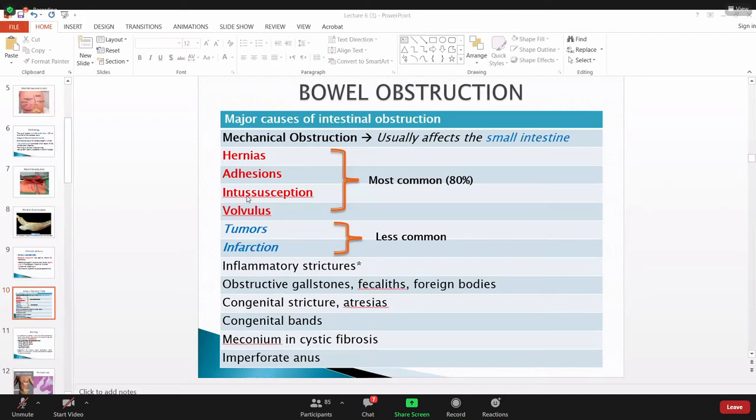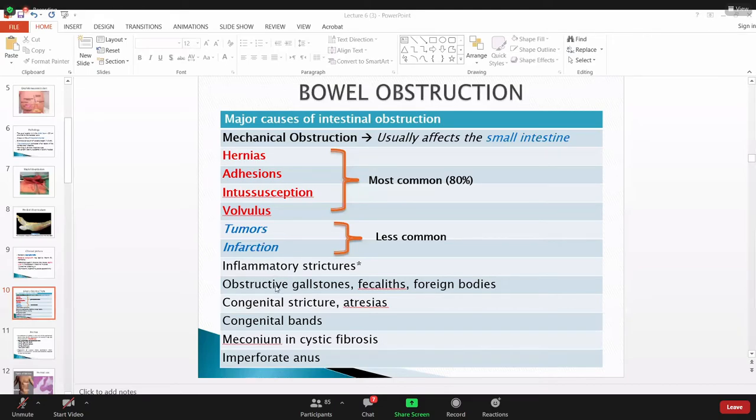Forces that affect the loops of the bowel and narrow the lumen. Most commonly, 80% of cases are related to hernias and adhesions, which we will discuss in detail. Intussusception and volvulus are also among the most common, accounting for 80% of cases of bowel obstruction, and we will discuss them in detail. Tumors and infarction are less common.